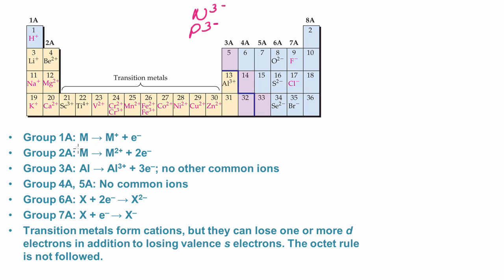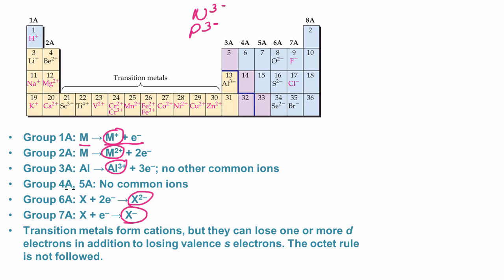So this just shows us a group 1A metal will lose 1 electron to become a positively charged ion. Group 2A, we have a +2 charge. Group 3A, a +3. And then we go to group 6A, and they tend to gain 2 electrons to become ions. Group 7A, 1 electron to become an ion with a -1 charge.